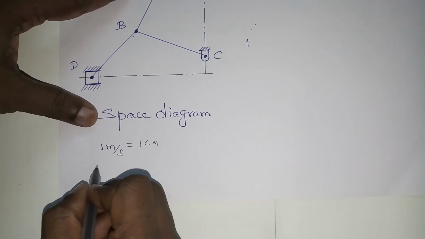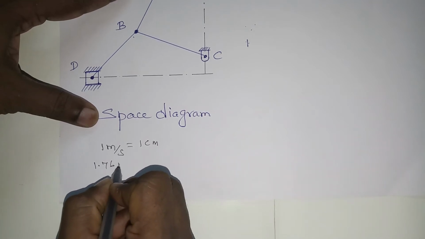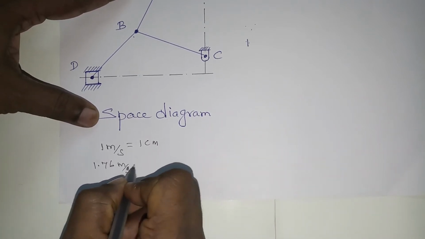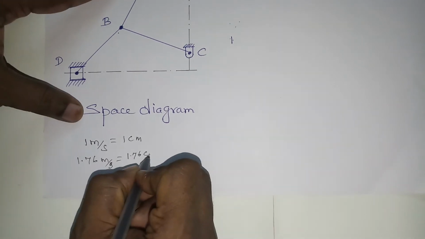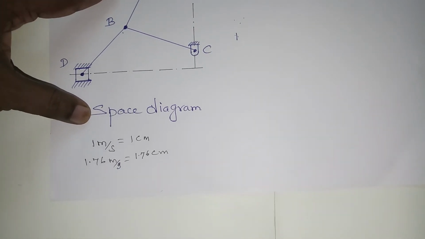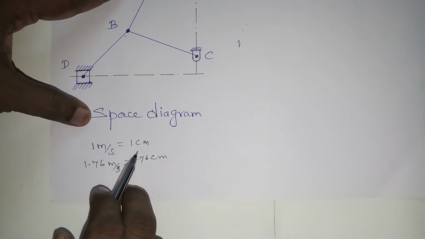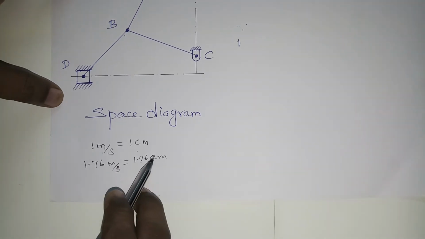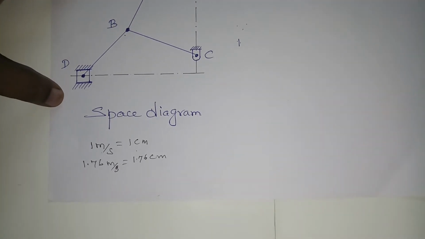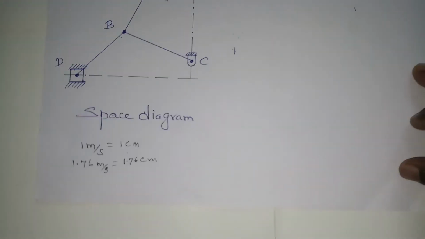So we get the velocity as 1.76 meter per second, which will be 1.76 centimeter. Directly I am converting 1 meter per second equal to 1 centimeter. Okay, let's start constructing the velocity diagram.